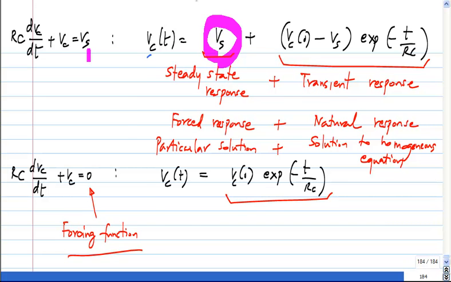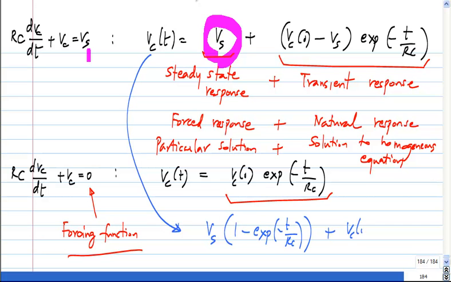So I will write this Vc of t for this case when Vs is present, as I group all the terms with Vs and then everything with Vc of 0. Now thinking of these things is useful also later.